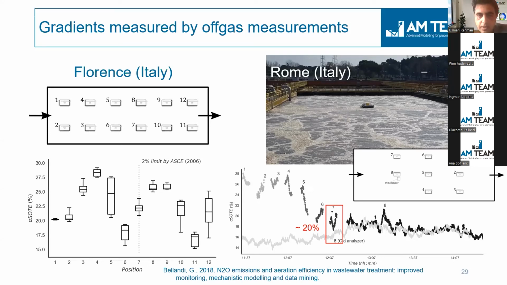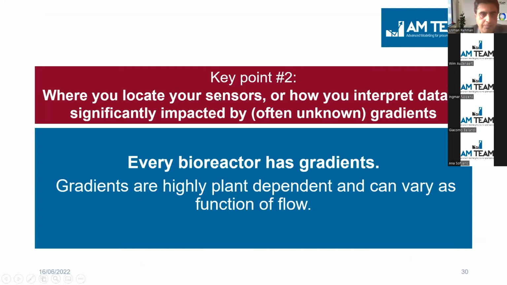For example, in the case of Rome, there was almost 20% difference between the oxygen efficiency of location 7 and 8. Which just tells you that there are differences when it comes to dissolved oxygen, and similarly the other variables will also have variations in the system.